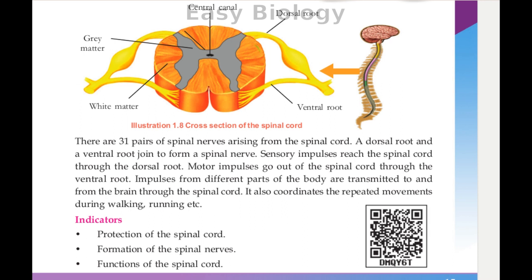That means the impulses from different parts of the body are transmitted to and from the brain through the spinal cord. And it also coordinates repeated movements like walking and running.